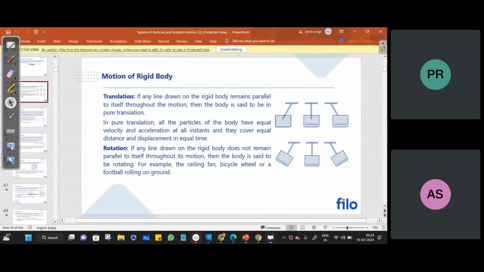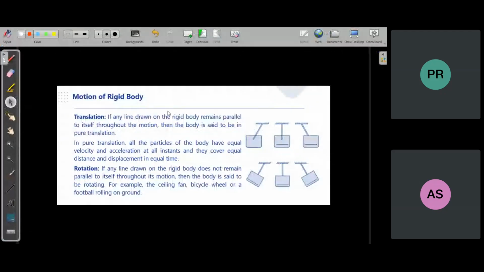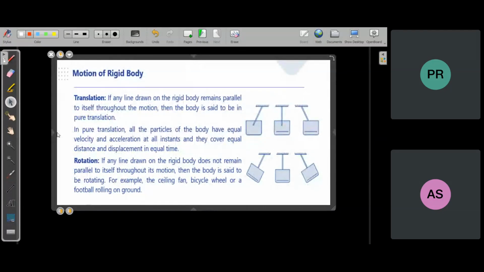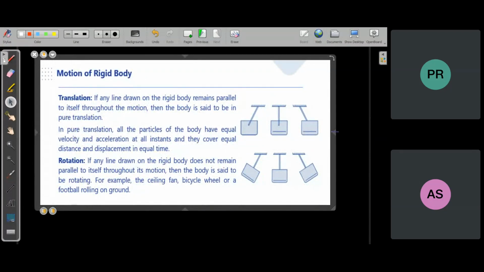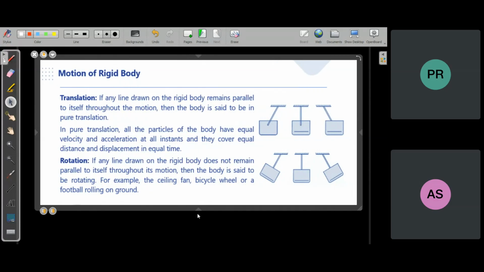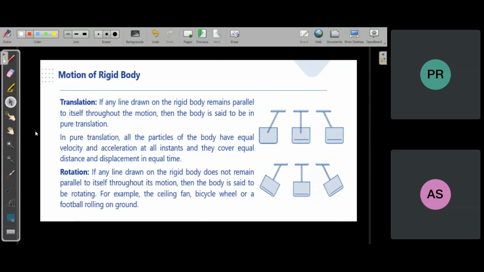Okay, so we were discussing the translational and rotational. Translational motion is one in which when a body moves from one place to another place, all the particles of the body have the same displacement. All the particles follow the same type of path, and all the particles have the same velocity at any instant and the same acceleration.